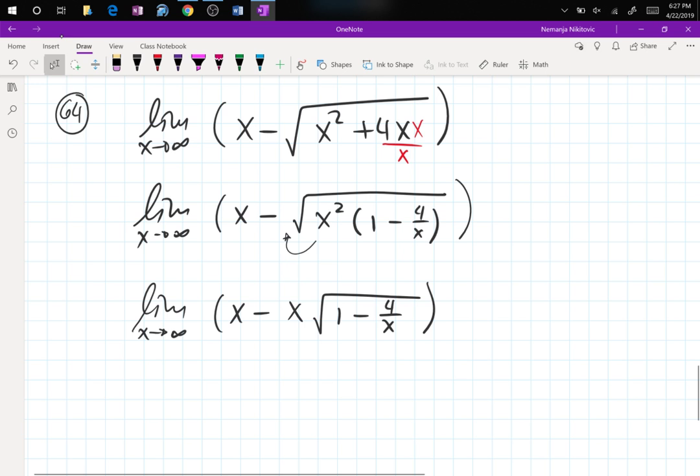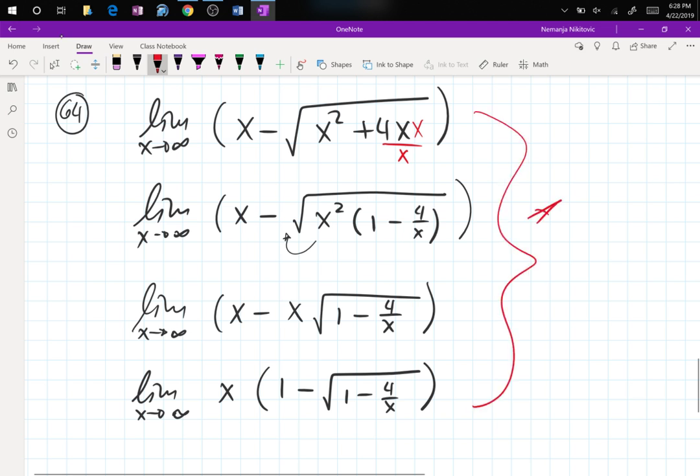And finally, I can factor out an x. All of this is algebra. Painful, right? But necessary.